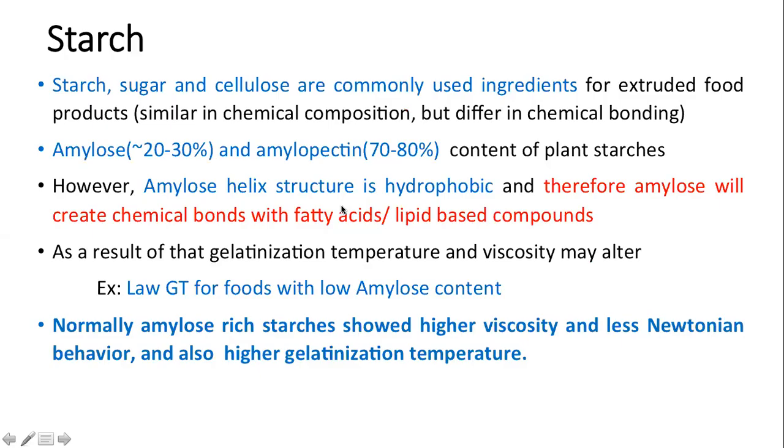And starch is one of the most common ones. Amylose and amylopectin are very important. In starch, amylose is around 20 to 30% and amylopectin is 70 to 80%. Amylose is a straight-chain polymer, and amylopectin is a branched one.